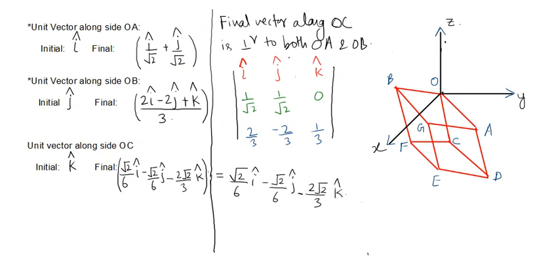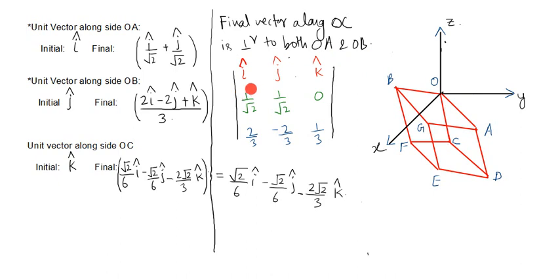Because this cube is a solid rigid body, the relative orientations of OA, OB and OC will remain unchanged. So OC was initially OA cross OB, and finally OC will also be OA cross OB. So the final vector along OC will be perpendicular to both the OA as well as OB vectors.